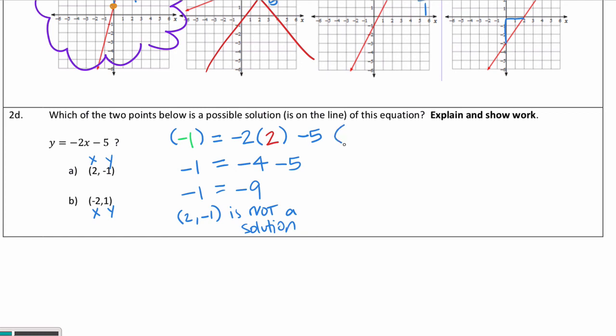So let's try the other one. Same equation, y equals -2x minus 5, put blanks for both. This x value is -2, and this y value, let's use the same colors here.